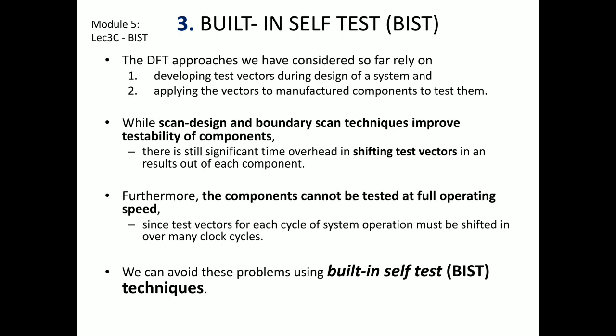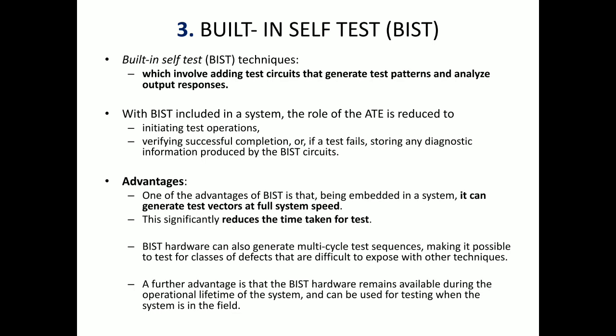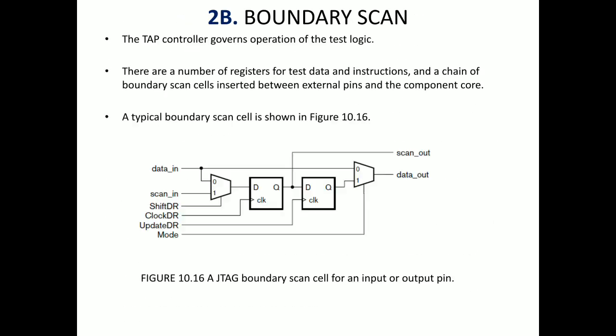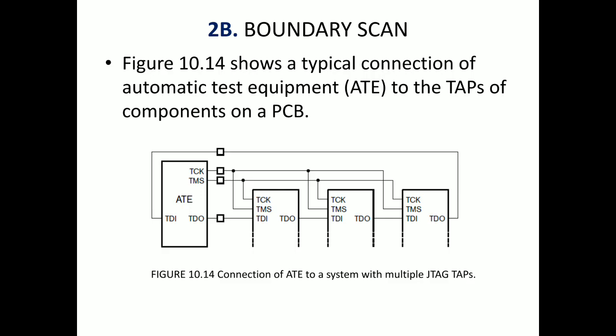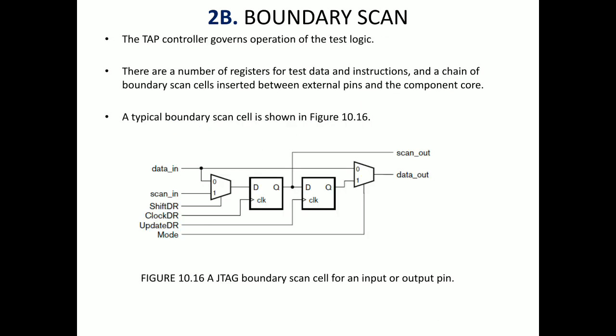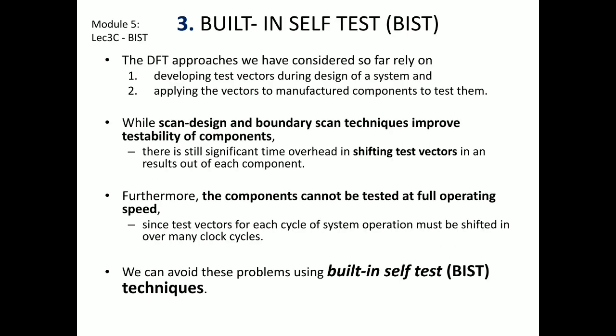The built-in self-test technique involves adding test circuits which generate the test patterns and also analyze the output responses. With BIST included in a system, the role of the ATE, automatic test equipment, is reduced. We saw automatic test equipment used in the boundary scan method.